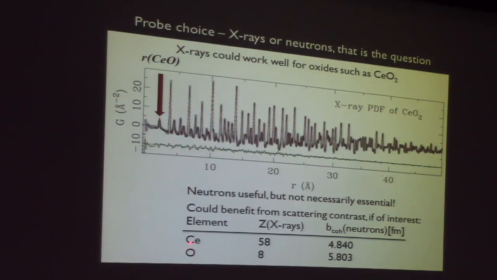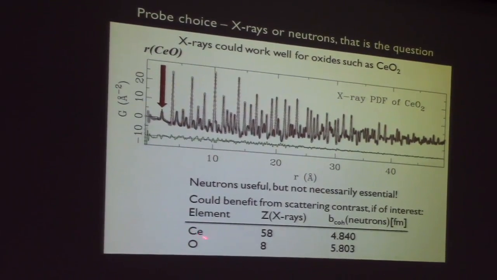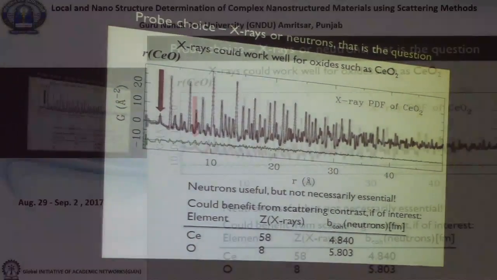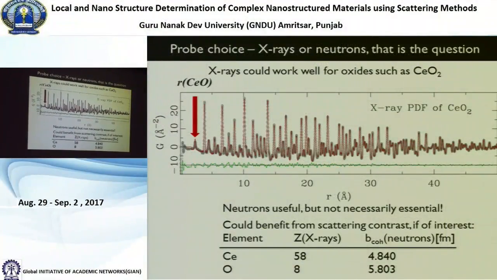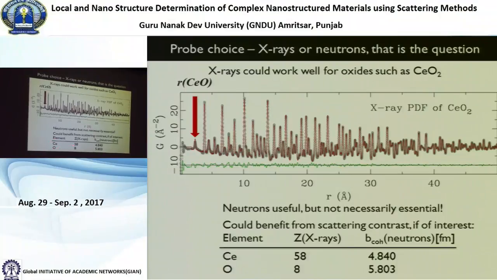So a pair of atoms with cerium on one end and cerium on the other, the scattering power is going to be 60 times 60, so 3,600. The cerium-oxygen is going to be 60 times 8, which is like 600.